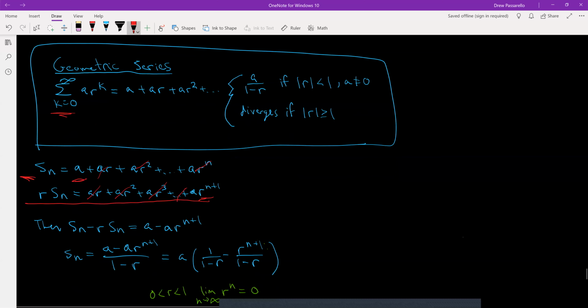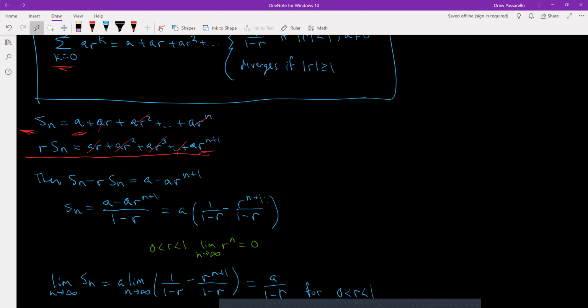So we can factor out S_n. That gives us S_n times 1 minus r equal to a minus ar to the n plus 1.